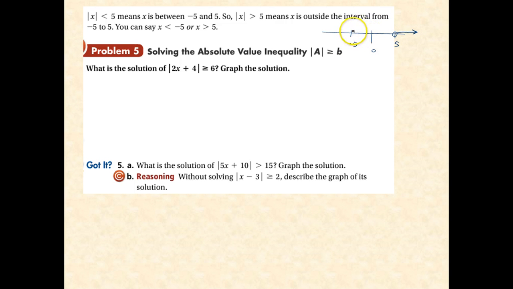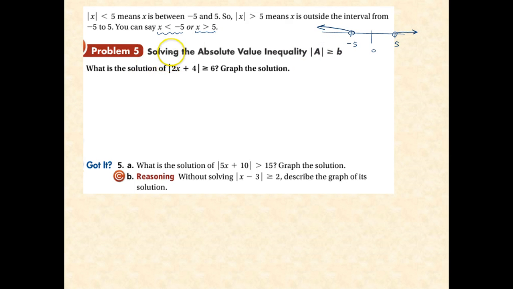More than 5 units away from 0 to the left looks like that. So how would we write that? We would say that x is less than negative 5. That's this. Or x is greater than 5. That's that. So how do we solve an absolute value inequality where the absolute value of an expression is greater than or equal to a number?